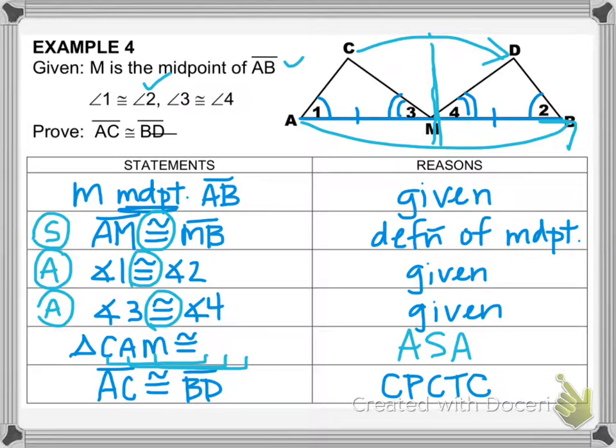So C goes with D, A goes with B, and M stays with itself. So these two triangles are congruent by ASA, so we can therefore, by CPCTC, also state that segment AC is congruent to segment BD.